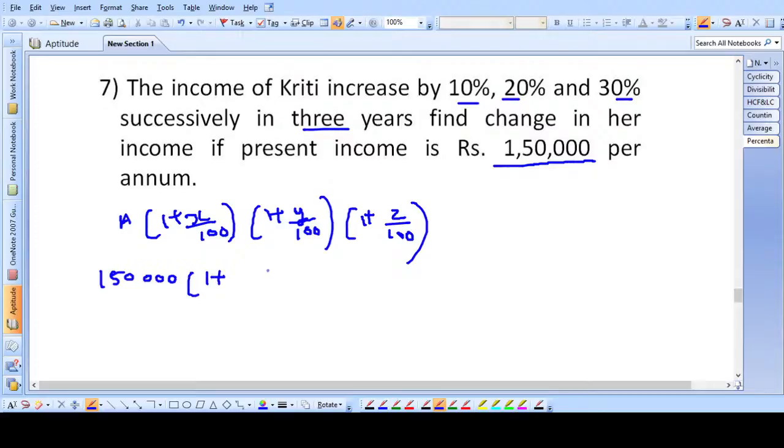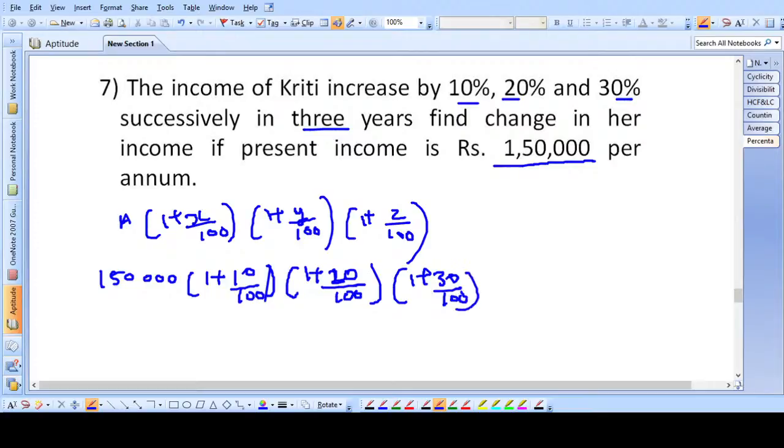1 plus 10 by 100, 1 plus 20 by 100, and 1 plus 30 by 100. Okay, just simplify this. This will become 11, this will become 21, this will become 31 something.